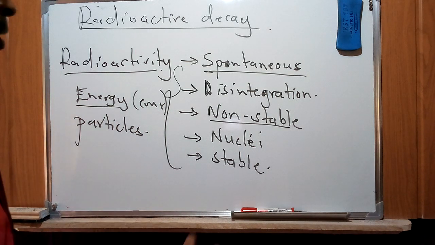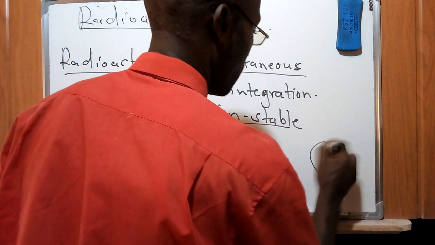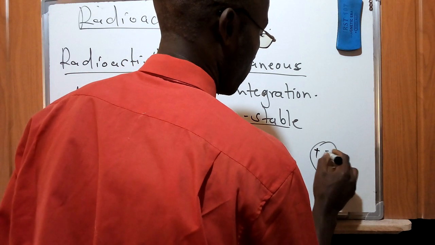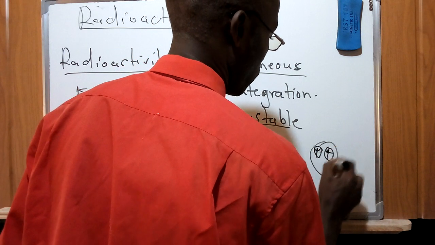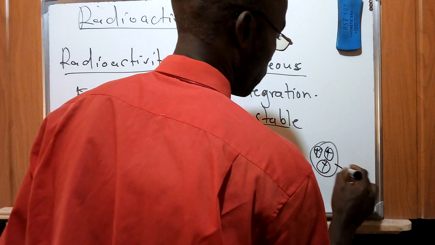have a form of instability, of course, as we discussed about the nuclear instability that results from the imbalance of the nuclear forces and the Coulomb forces of repulsion that we find in the nucleus. Just to give an illustration, in the nucleus there are protons and neutrons.